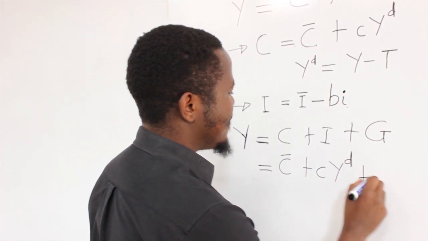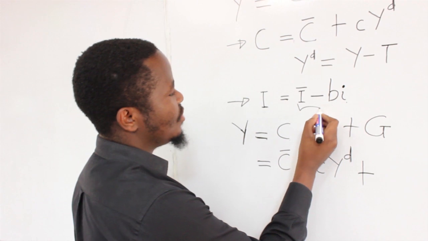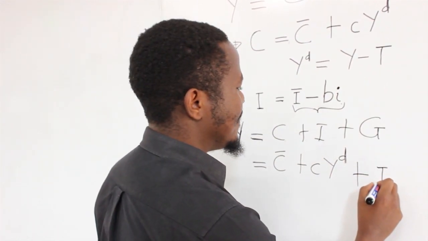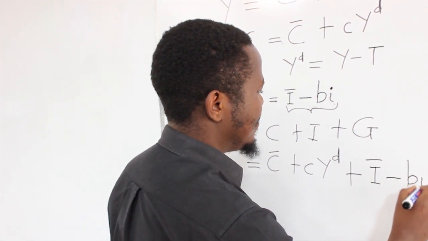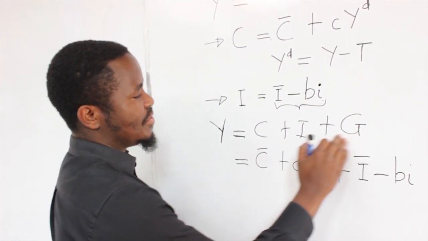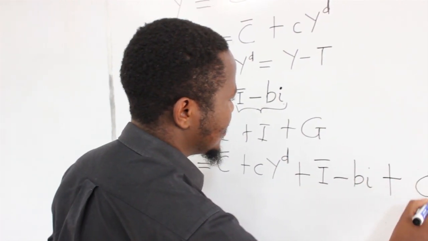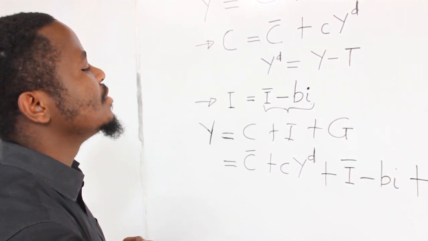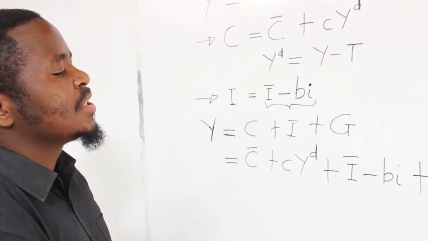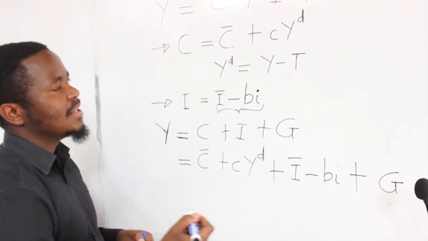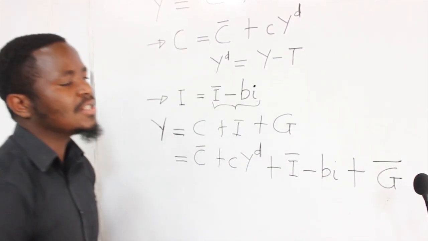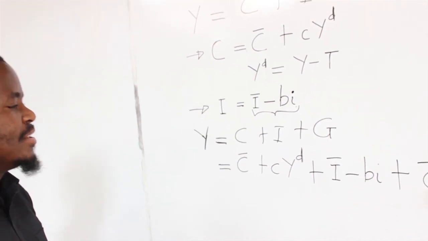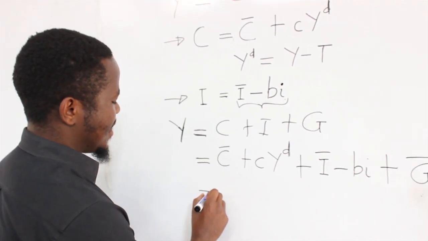And where we have the I, we are going to replace it with what I is from the function of investments, which is I bar minus BI. And then in this equation we are remaining with the G, so plus G. At this point we will also assume that government expenditure, even though it does not have a function, is autonomous, to simplify our understanding.